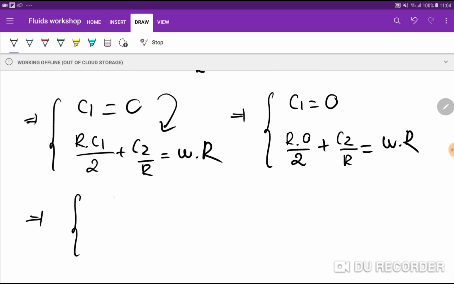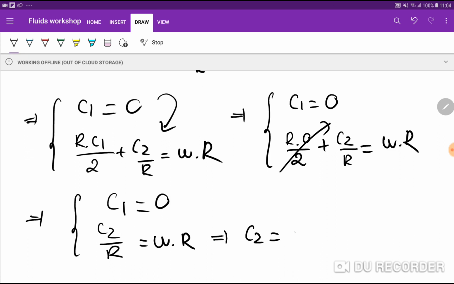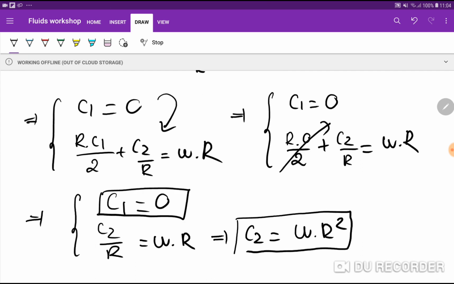And after some simplification, you get c1 equals 0, and here you get c2 over r equal omega times r, because r times 0 over 2 is 0. Cancel out. So you get C2 equal omega times R square. Okay, wonderful. This is the C1 and C2 we're looking for.